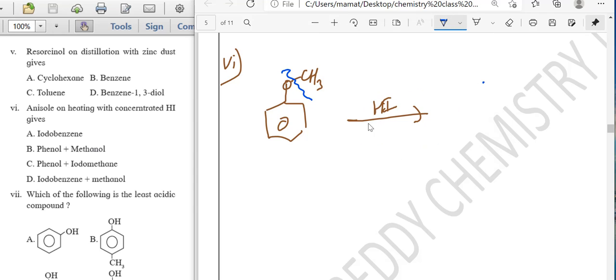Obviously the bond will be cleaved here, so forming phenol plus methyl iodide. Two options are there, methanol, iodomethane, right? C is the option, right? Sixth, C.